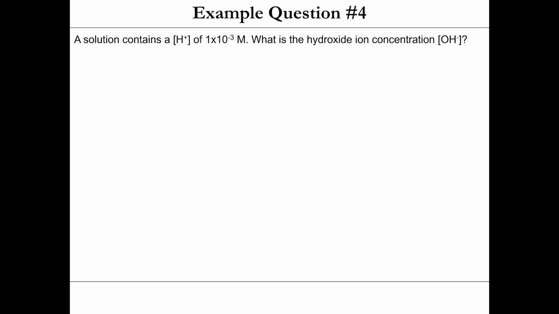So in this question, it's saying a solution contains a proton concentration of 1 times 10 to the negative 3. So what is the hydroxide ion concentration? So of course, we know the equation we need. So the proton concentration times the hydroxide ion concentration equals 1 times 10 to the negative 14 molar squared.